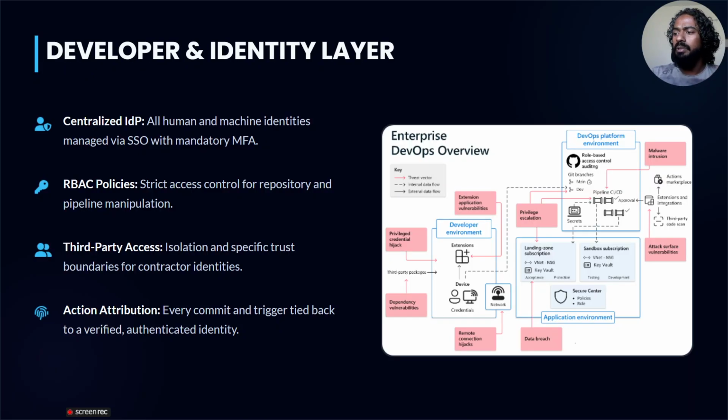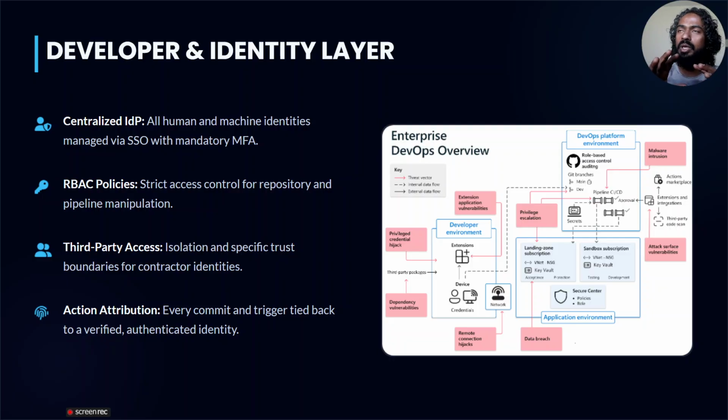Now, the developer and identity layer. This is where the trust usually starts. Developers are all humans, right? So humans make mistakes. They sometimes reuse passwords. They also fall for phishing, and sometimes they even leave the company angry. So security architects look here first.